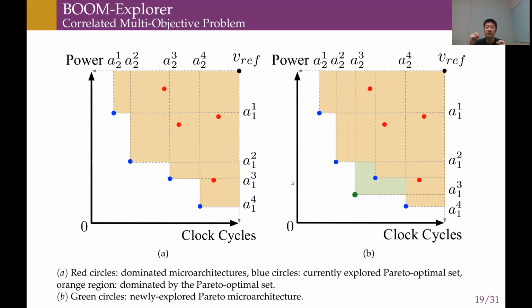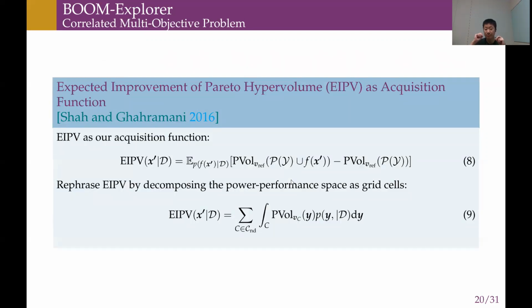So the green region is the EIPV, or the expected improvement of parallel hypervolume, and it can be formulated as equation 8. By further decomposing the power and performance space into grid cells, we can formulate equation 9 for easy calculation. So we use EIPV as our acquisition function, and we embed it in the Bayesian optimization framework.